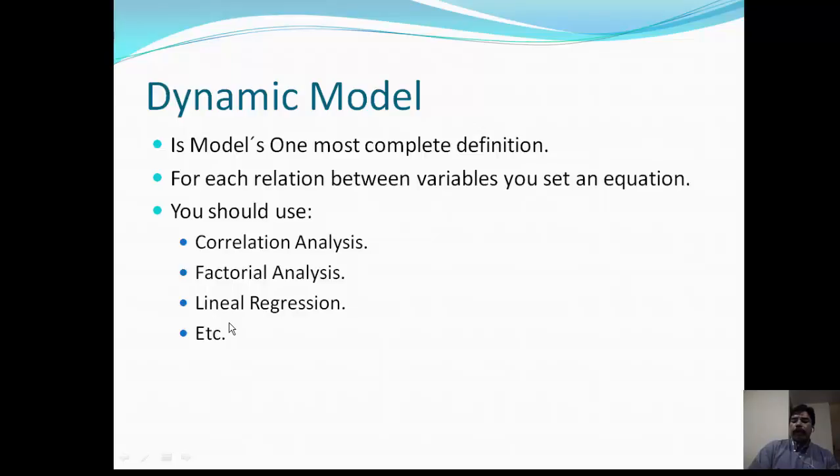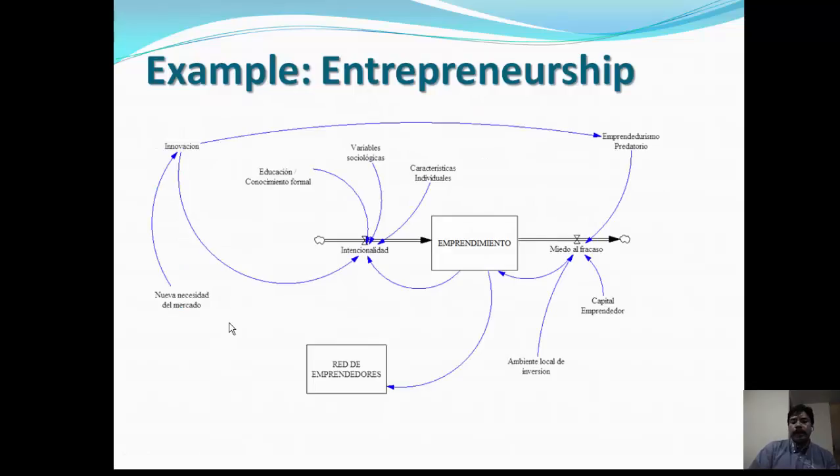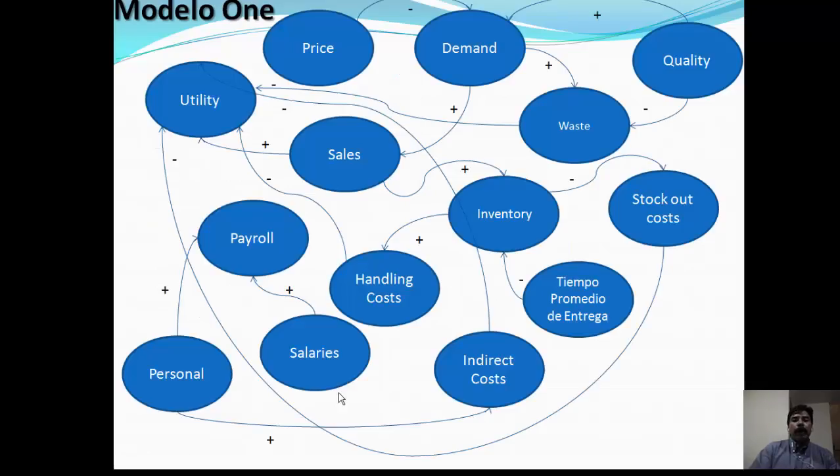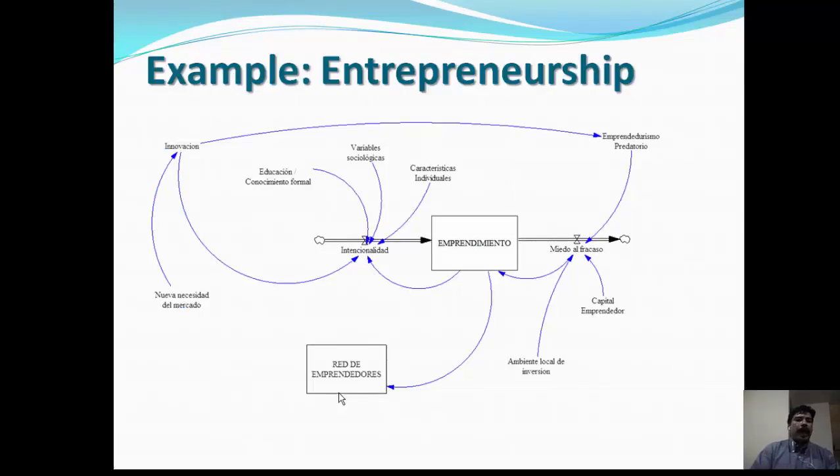For some of you that have already seen this course, this is an example that helps you understand that if we have Model 1, we can transform it into a dynamic model like the one I'm showing you. But this is not from a meat store, this is a different phenomenon, entrepreneurship.